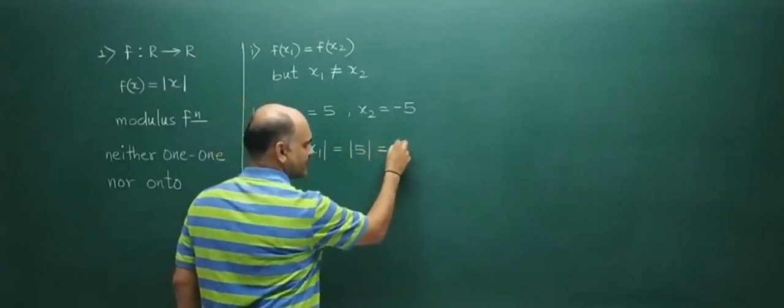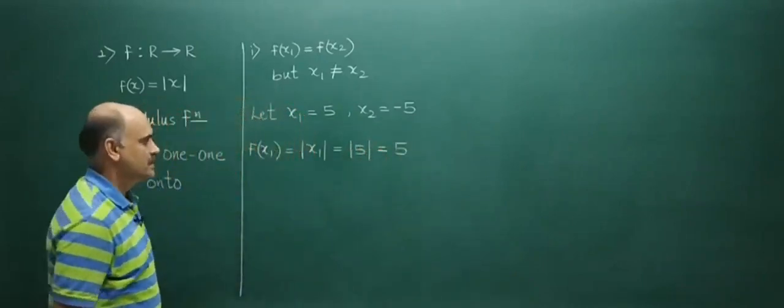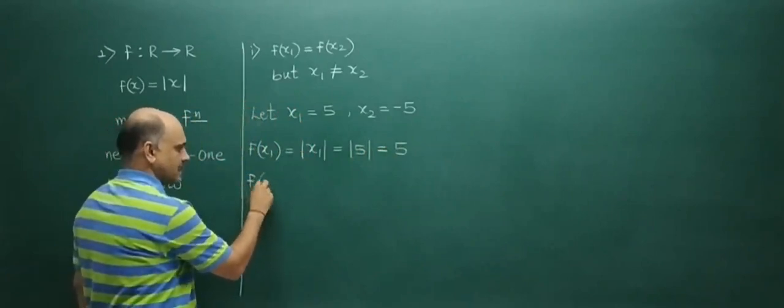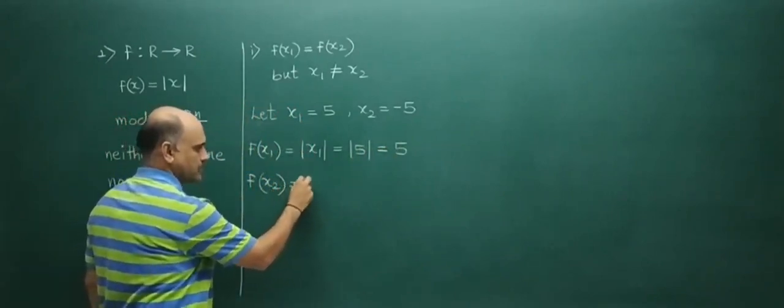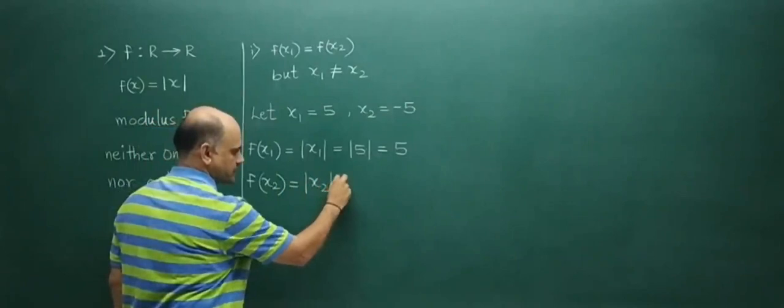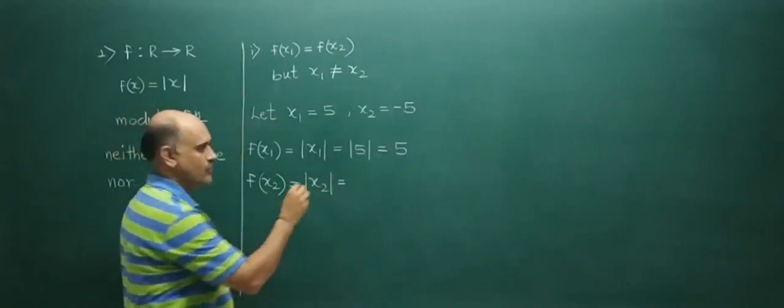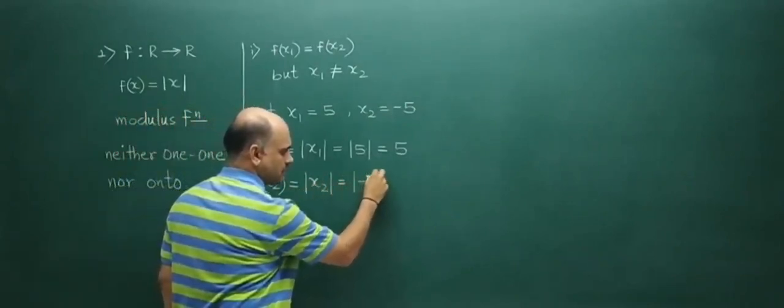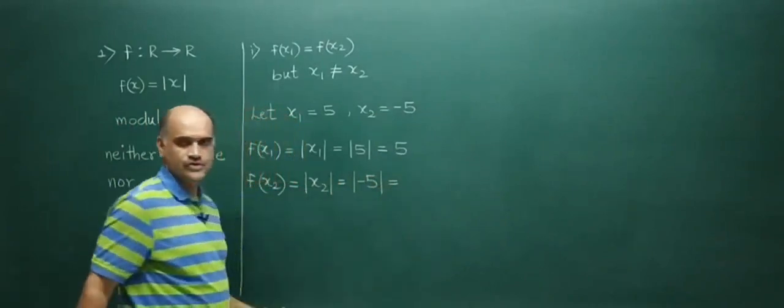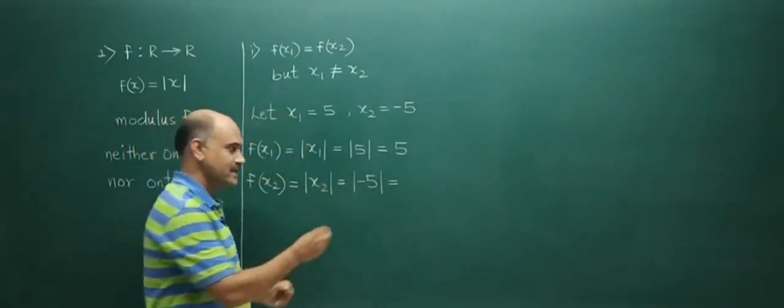Mod of 5 is 5. Similarly, f of x2 is mod of x2, so mod of -5, and mod of -5 is again +5.